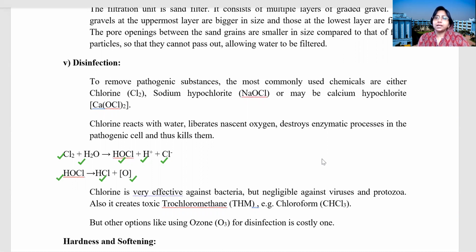Pathogenic cells means the microorganisms which cause disease, called pathogens. How will they be destroyed?